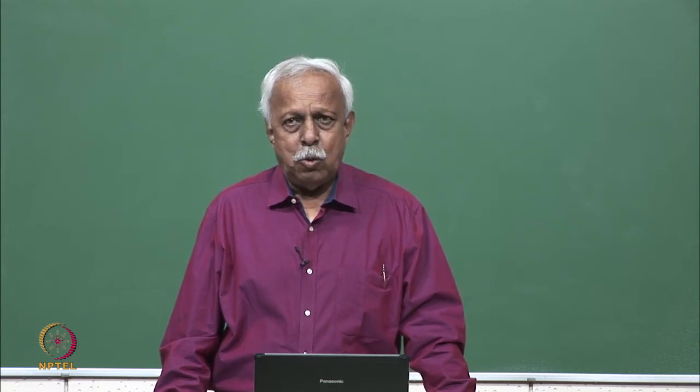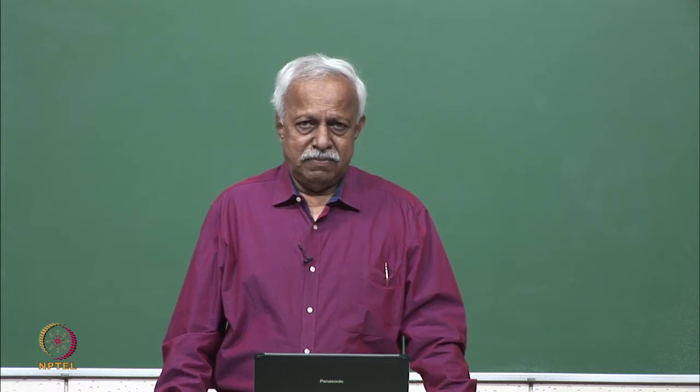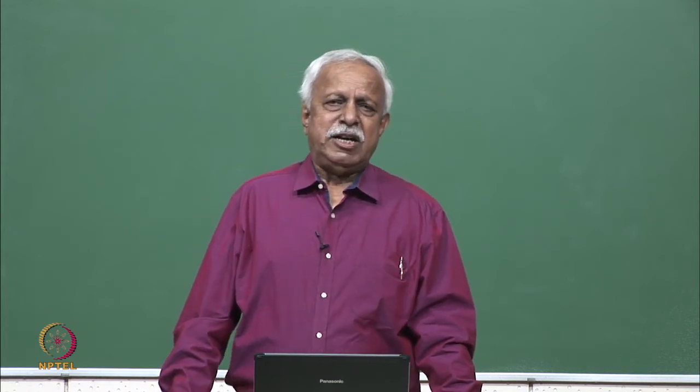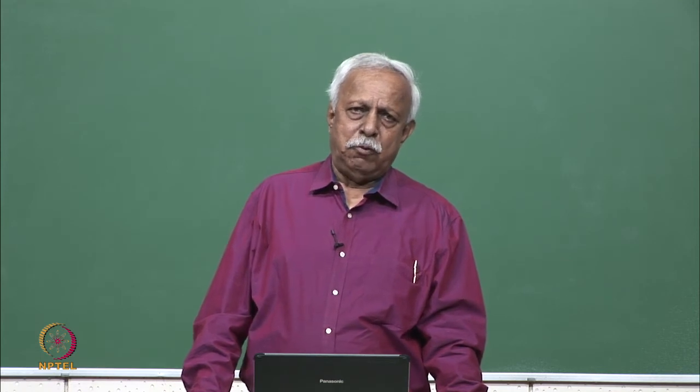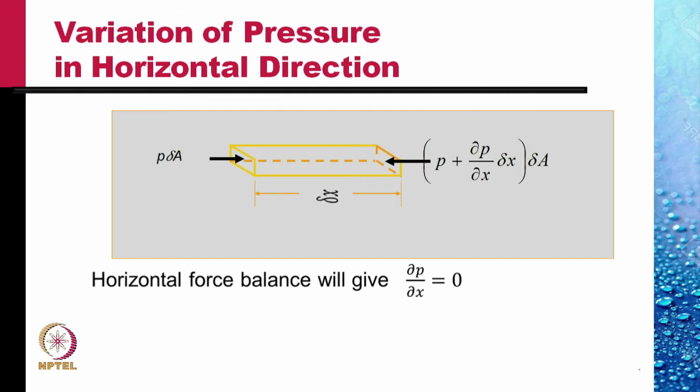We have shown here only the forces in x direction. Summing these forces and equating them to 0 because the fluid is in equilibrium, we get delta P by delta x is equal to 0. If we did the same thing in the y direction, the direction normal to the screen, we would get delta P by delta y is equal to 0.